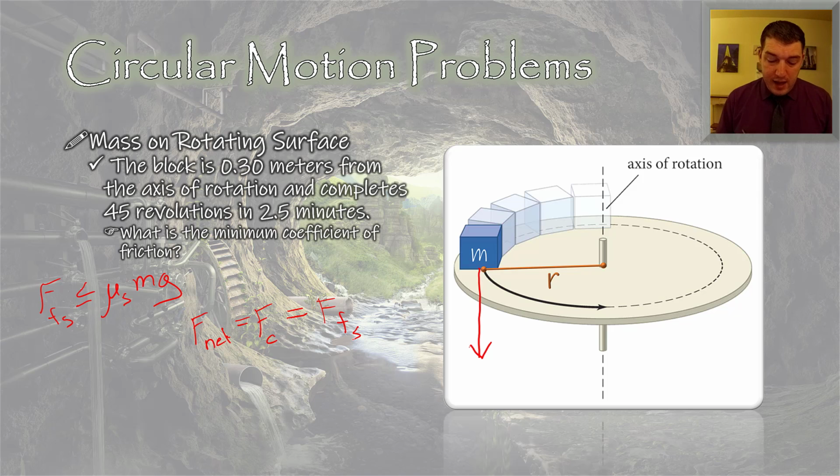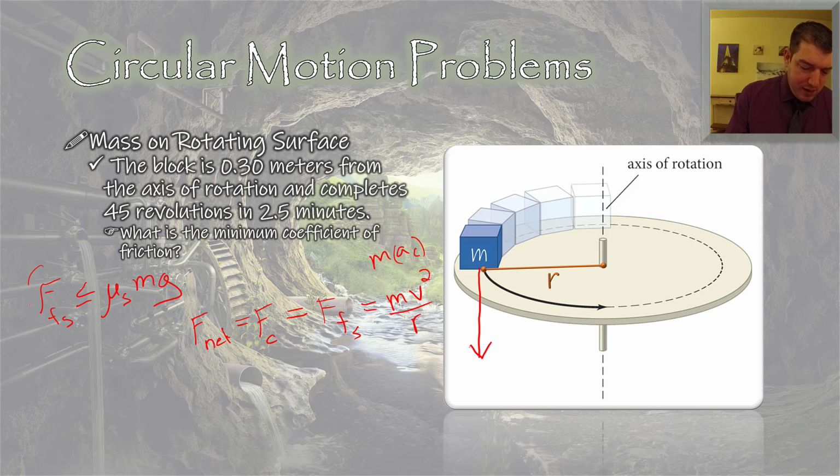From that, I can take into account that that centripetal force, that center-seeking force, has to be equal to the mass times the speed squared divided by the radius. That's from the fact that it has to be the mass times the centripetal acceleration, and the centripetal acceleration has to be v squared over r.